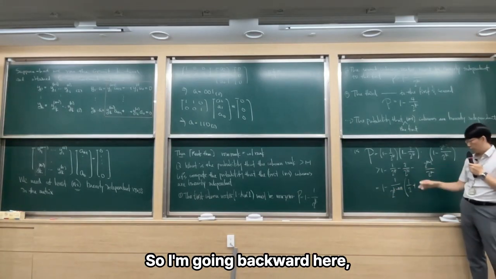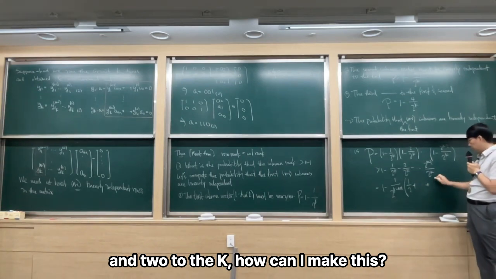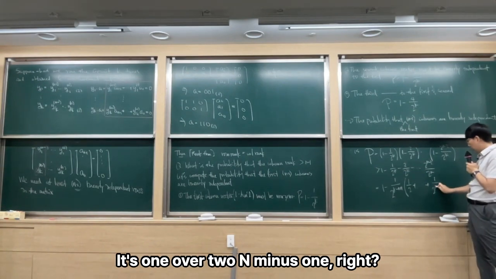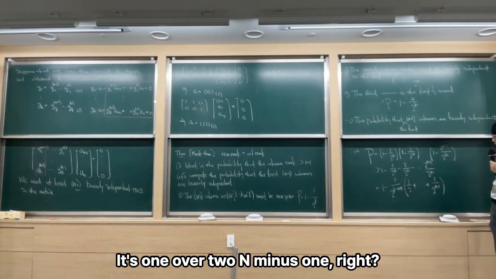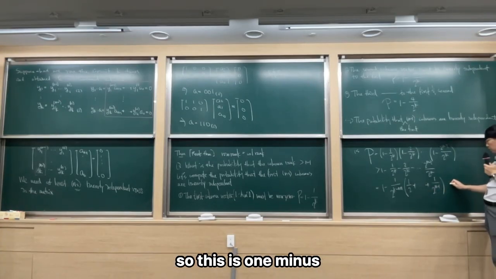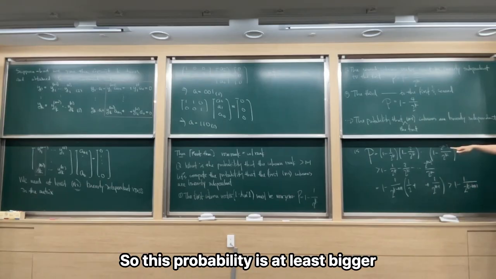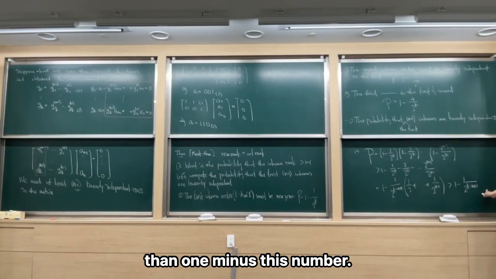So I'm going backward here. And 2 to the k, how can I make this? It's 1 over 2^(n minus 1), right? And however big n is, this is always less than 1. So this is 1 minus 1 over 2^(k minus n plus 1), right? So this probability is at least bigger than 1 minus this number.